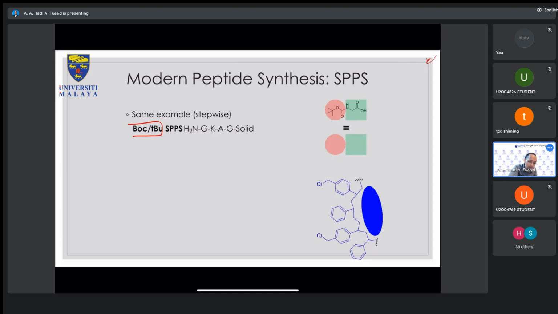So imagine the square is your basic block for your amino acid, while the circles are your protecting groups later on. So this one is your amino acid, the other one is your protecting group. So how do you actually synthesize this? Well, as I mentioned previously, you have your solid support on the right-hand side, and what you want to couple first is glycine. So glycine will be number 1.